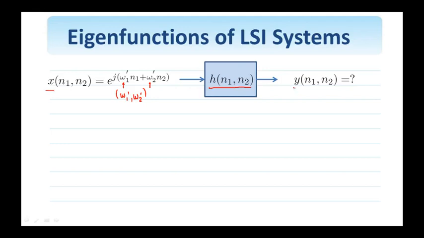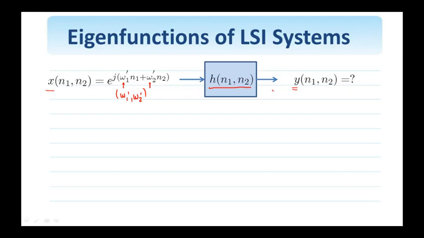We want to find out what the output of the LSI system to this particular input is equal to. I did mention at some earlier point in the course that these complex exponentials are eigenfunctions of LSI systems, which simply means that such complex exponentials go through the system without their frequencies being altered.